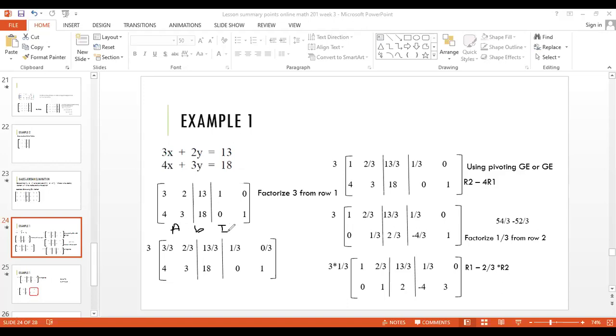Like we said, the objective is to convert A into the identity matrix. Good. And to do that, we employ Gaussian elimination as well as factorization.